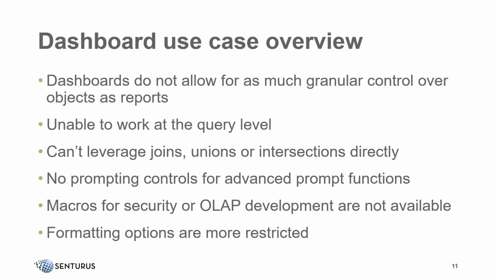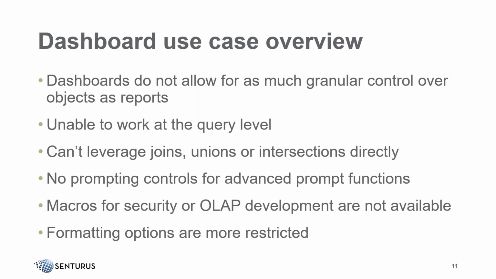For many of you, and I'd love to see this as a poll, the ability to work at the query level isn't there. And if you need to do things like joins or unions or intersections or custom SQL and you're not being able to get to the query level, that's a deal breaker. That's a stopping point for a lot of you.